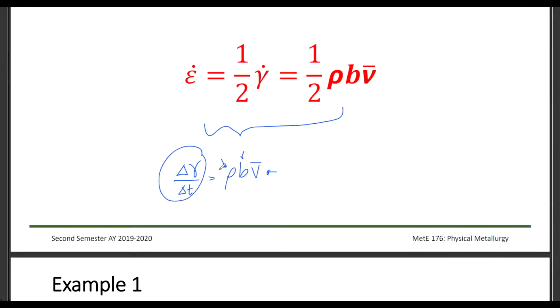Etong delta gamma over delta t, there is a specific term for this, no? So if this is the average na shear strain, then if you take the average shear strain over a particular time, we call that a strain rate, no?